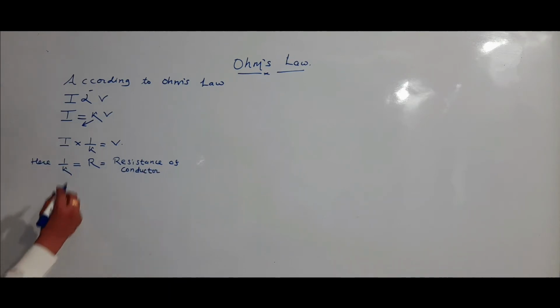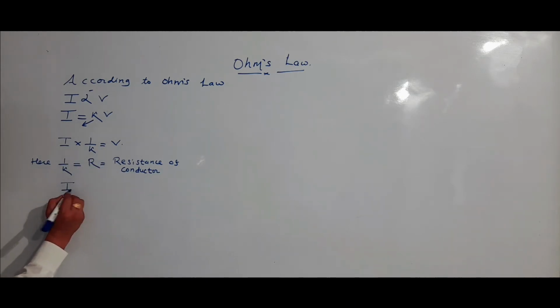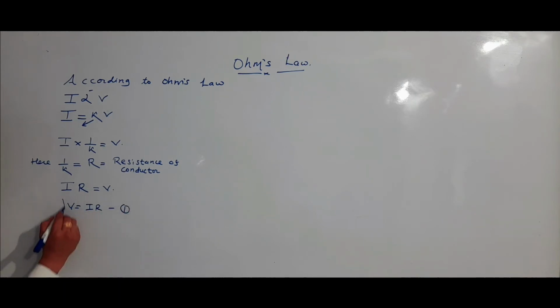Now my dear student, I will replace 1 by K by R. I will get I into R is equal to V, and V is equal to IR is the first equation we can write from Ohm's law.